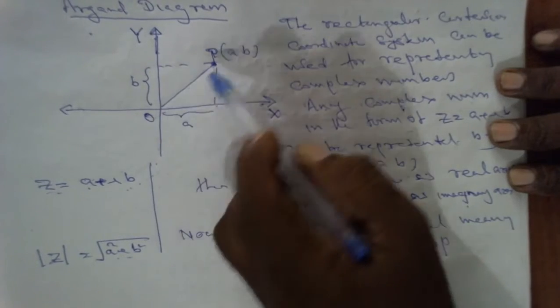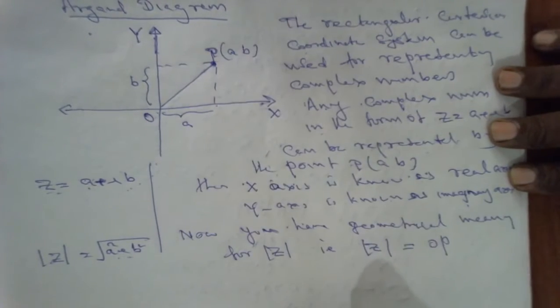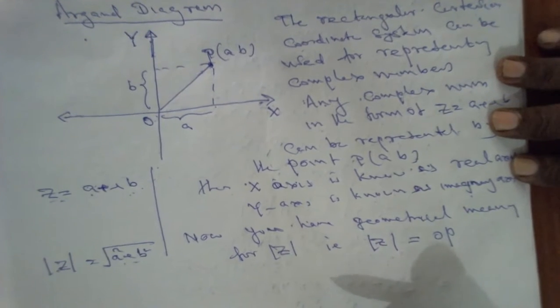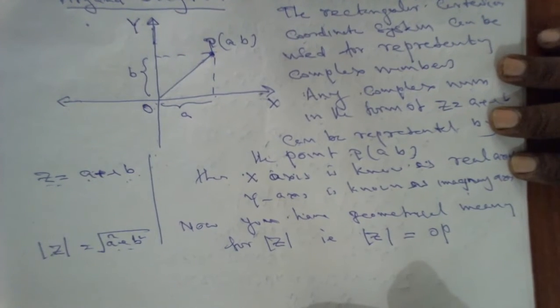Always, the modulus of a complex number is the distance from the origin to the point representing the complex number. Now it has a geometrical meaning.